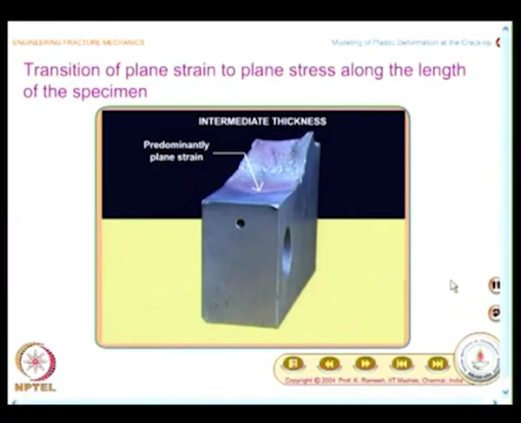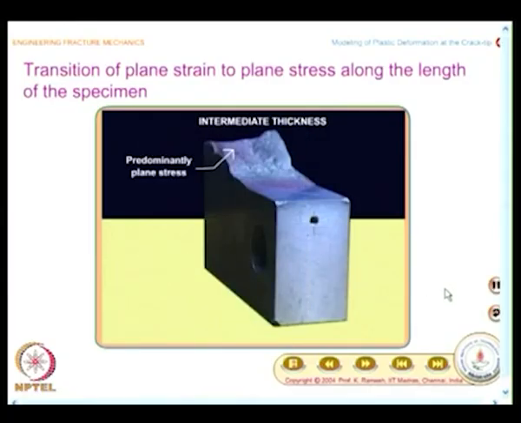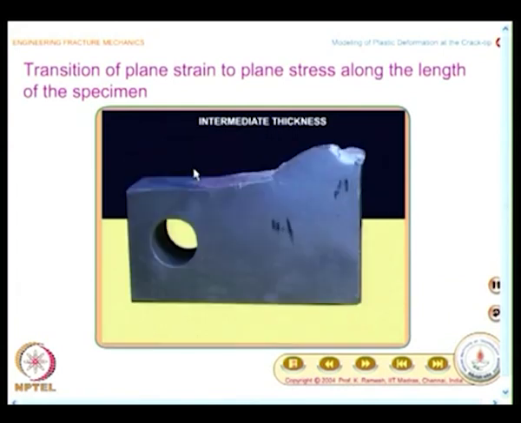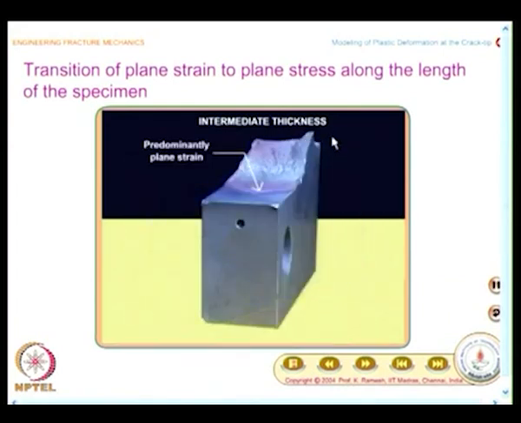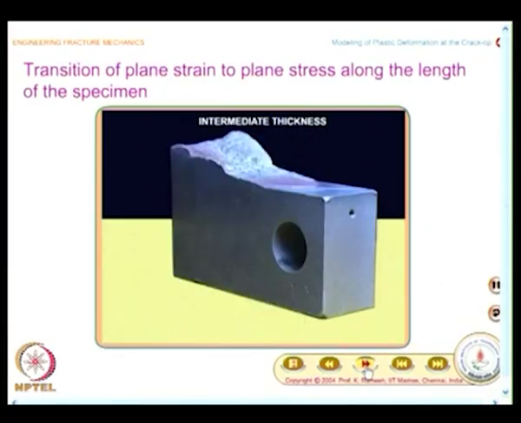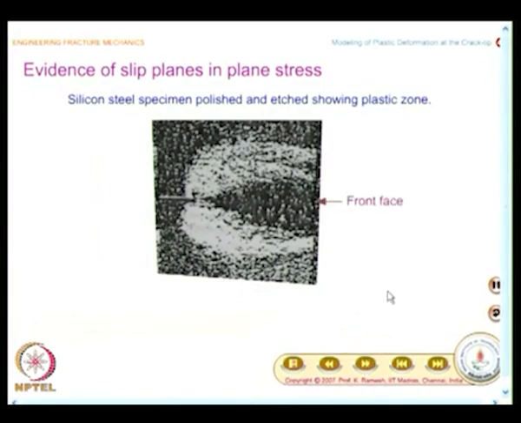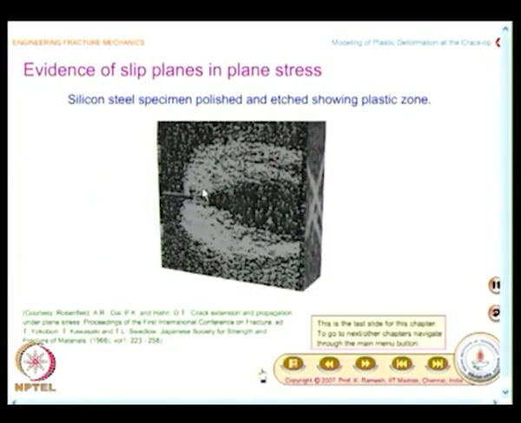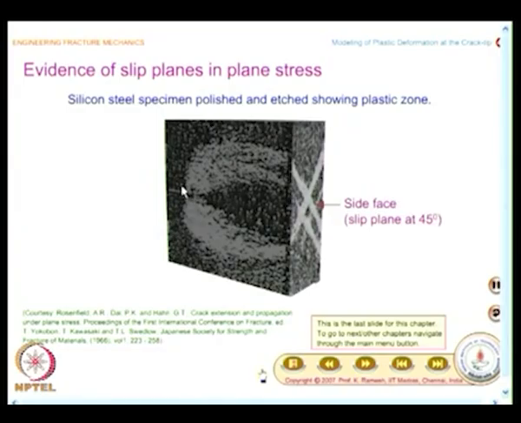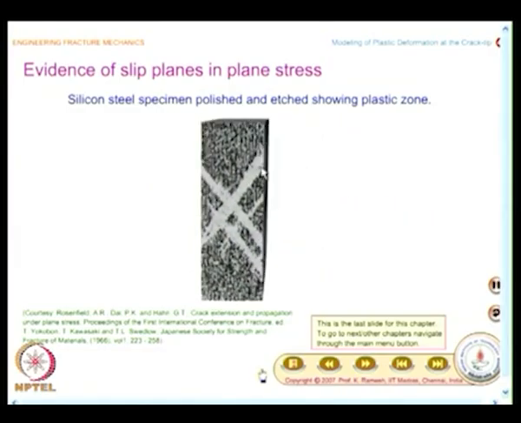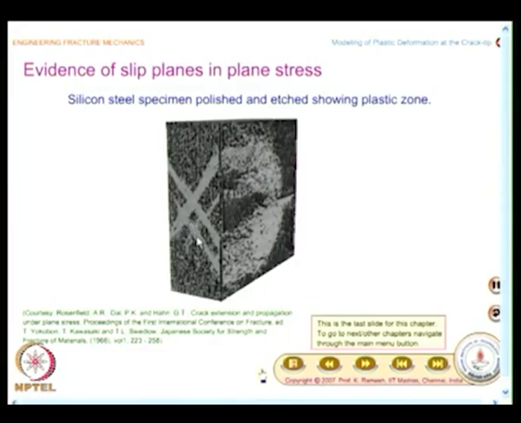Now the question is, do we have experimental evidence for this? I have to show that at the end of the specimen you should have slip taking place at 45 degrees. So if you have that as an objective, you see the experimental result, you find on the surface it is like this close to the crack tip, at the ends you indeed see slip planes at 45 degrees.